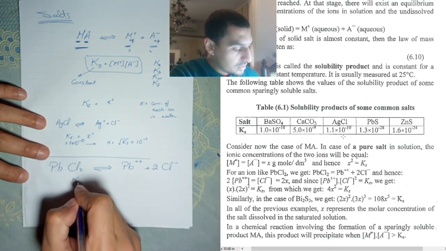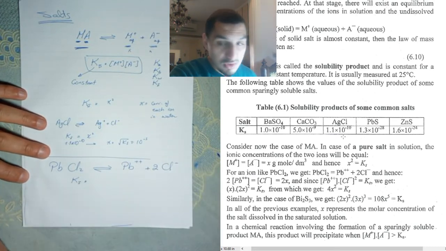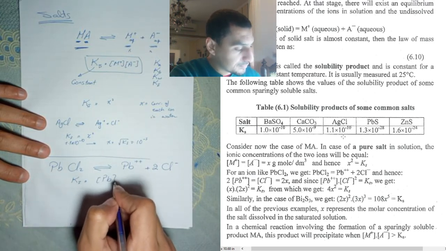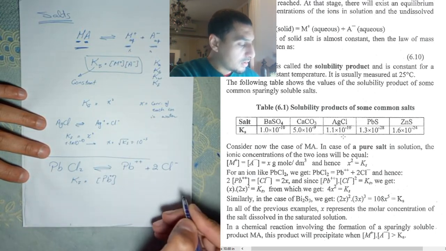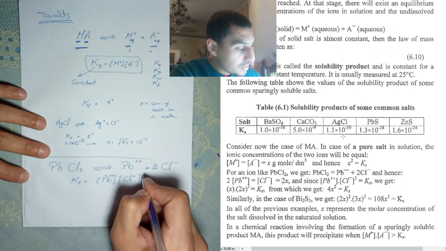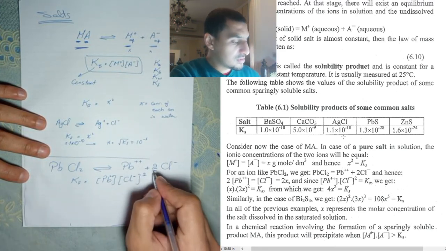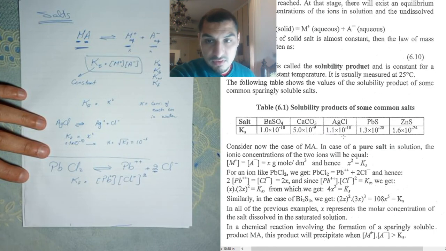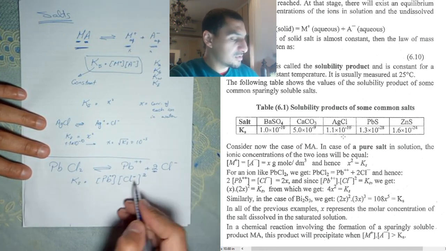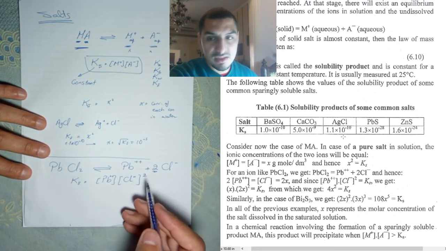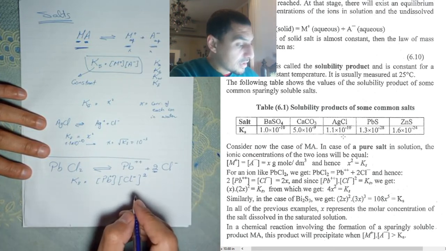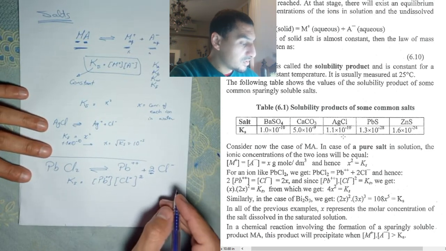Now when we write the equation for the solubility product of lead chloride, it's going to be the concentration of Pb ions multiplied by the concentration of Cl ion to the power of 2, because I have this 2. Or you can say Pb 2 plus multiplied by Cl minus multiplied by Cl minus, so it's going to be the same.